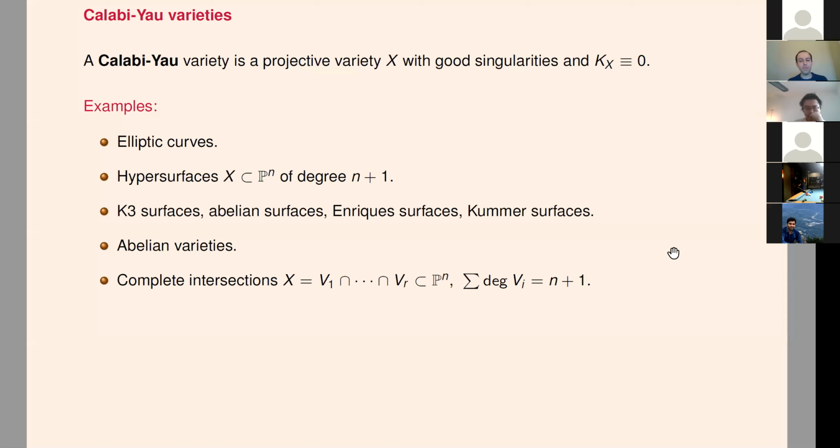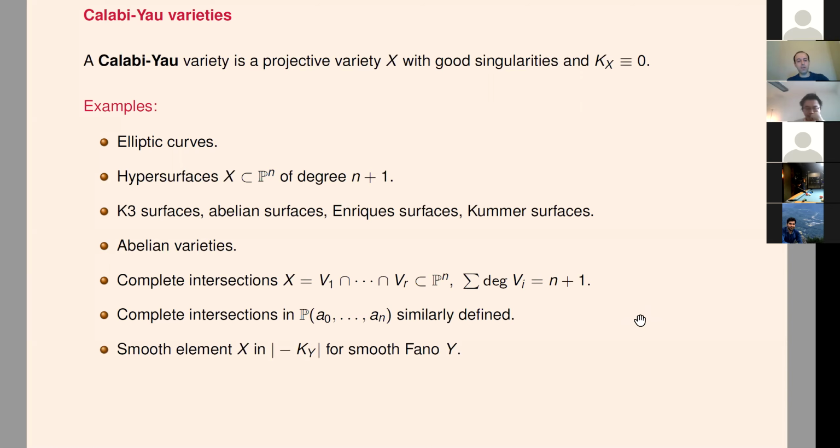If we work inside P^n, again, complete intersections give you Calabi-Yau varieties if you take the sum of the degrees to be precisely n+1. So this is similar to the Fano construction. And similarly, if we work in weighted projective spaces and take complete intersections with appropriate conditions, then we again get examples of Calabi-Yau varieties.